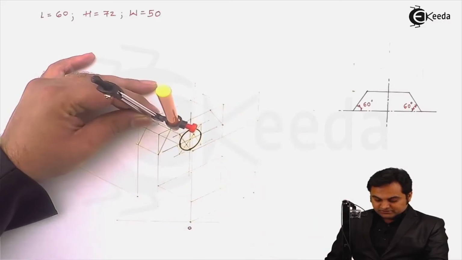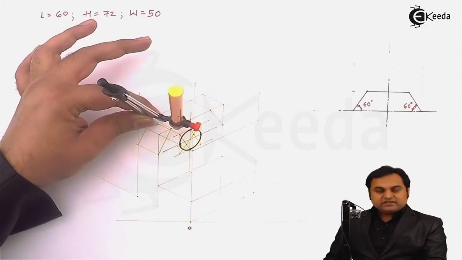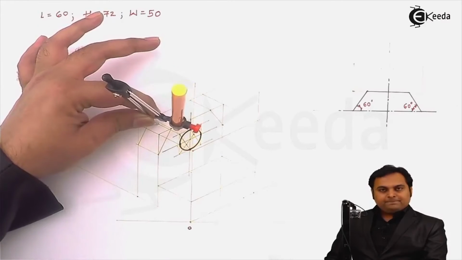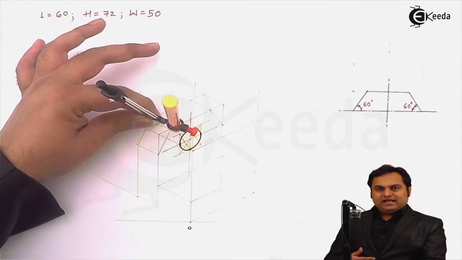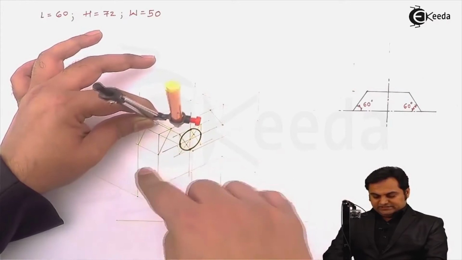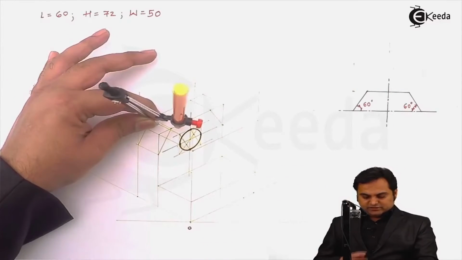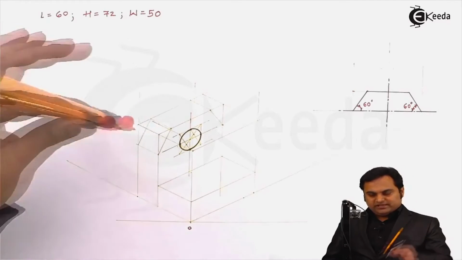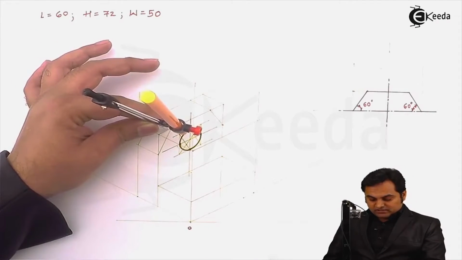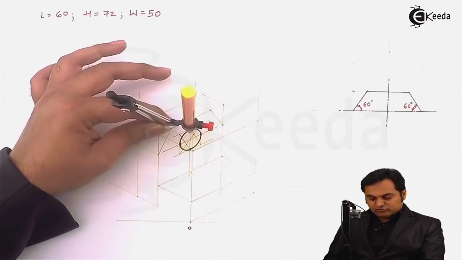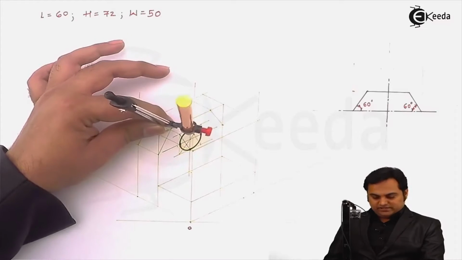same radius. Now, as we can see, this arc is crossing the diagram, and when it crosses the diagram, we don't have to draw it because there are no intersections inside this isometric drawing. If this arc, suppose take an example, if this arc would have been coming inside, then I would have drawn it directly.